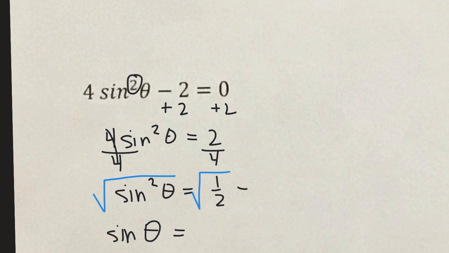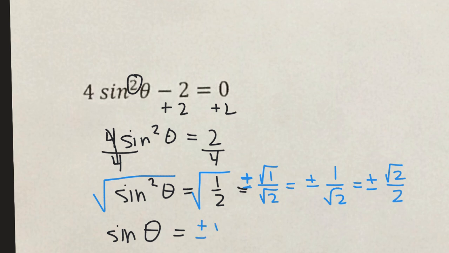Now, when we take the square root of a fraction, we can root the top and root the bottom separately, and we always get positives and negatives. Okay, so the square root of 1 is just 1, and we can simplify this into root 2 over 2. So we're looking for all the angles on the unit circle where sine has positive or negative root 2 over 2 as the answer.